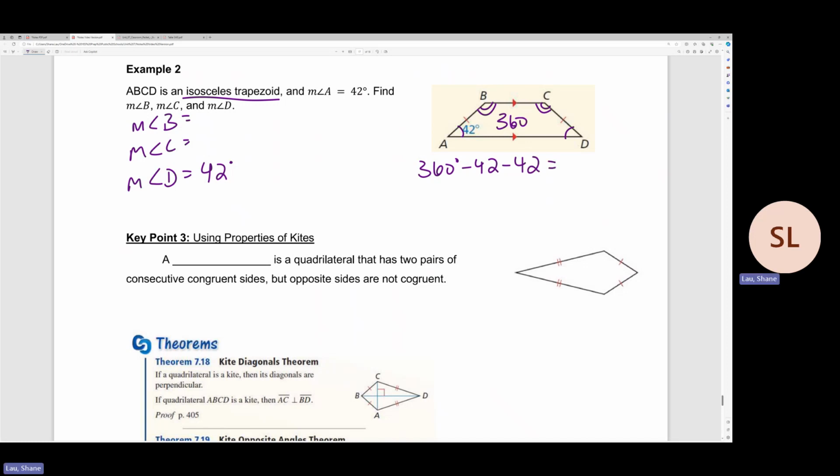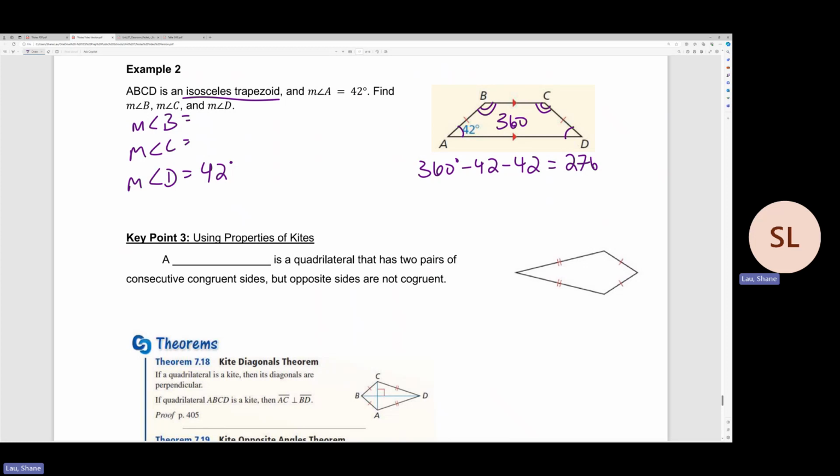When I do that, I'm gonna get 276. And this is an important number because 276 is not our answer for either of these angles here, but it does give us those angles. And the way that we're going to get it is we're going to divide. Remember, if they are congruent, they are directly equal to each other.